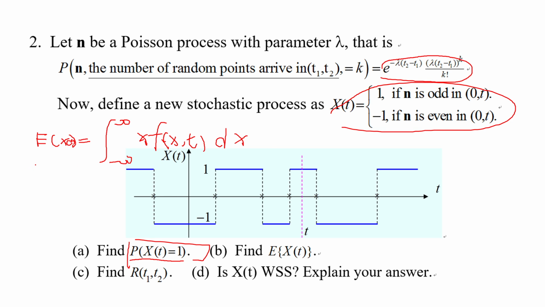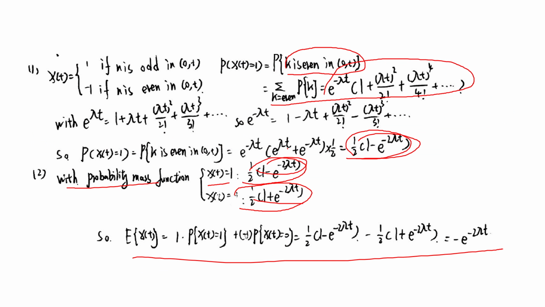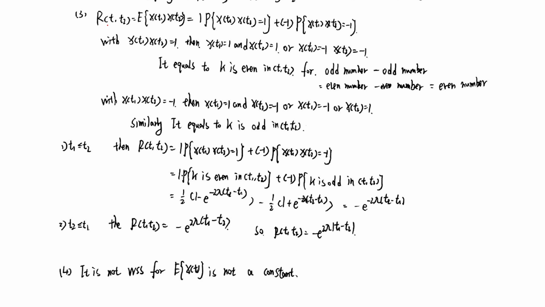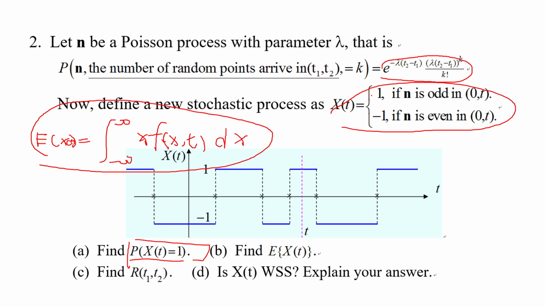And based on the definition of this, R should be E[X(t1)] multiplied by E[X(t2)], because X(t) only has two different values. So X(t1) multiplied by X(t2) should also have two different circumstances.